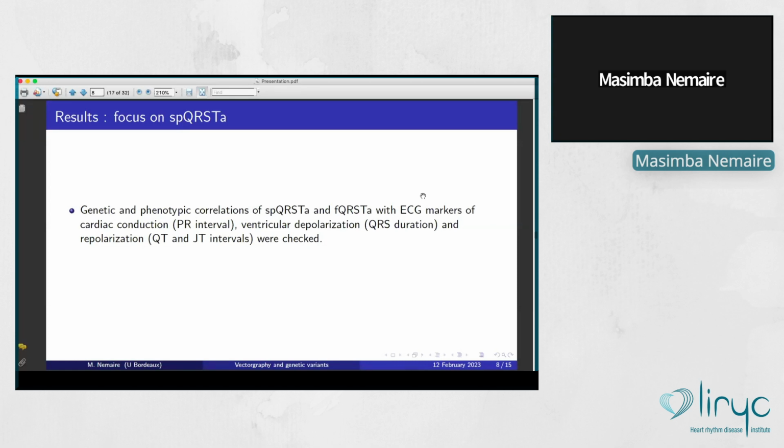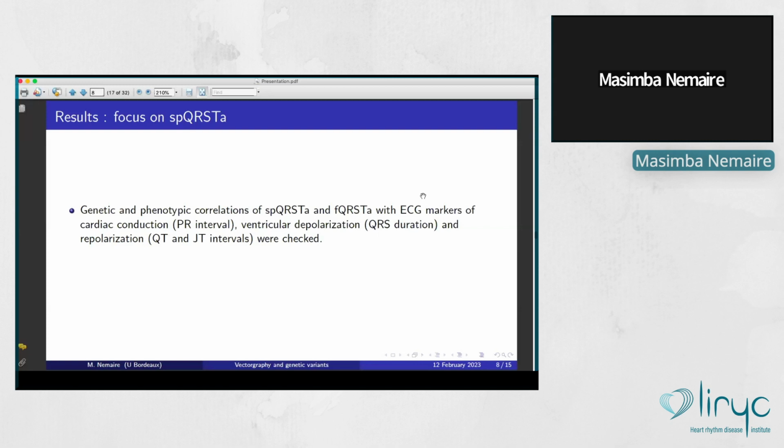So something that is quite interesting that they tried to do, they tried to associate these angles with non-ECG markers, which are used clinically, because these angles are not yet used in clinical diagnosis.